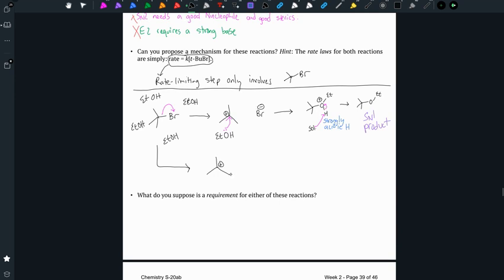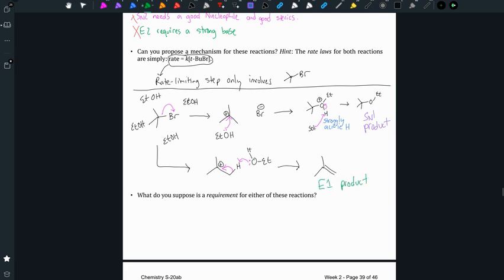So if ethanol happens to bump into the molecule in such a way that it bumps into one of the neighboring hydrogens, that sigma CH bond can donate into the empty p orbital of the carbocation, and that can produce my elimination product. So this is my E1 product.